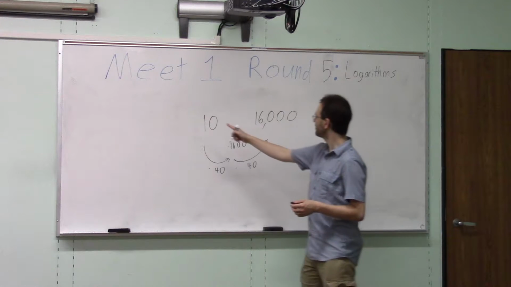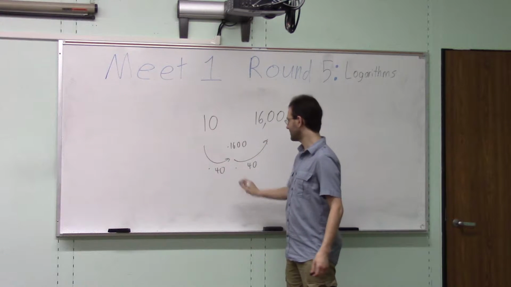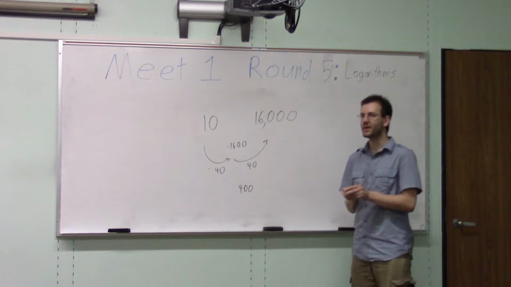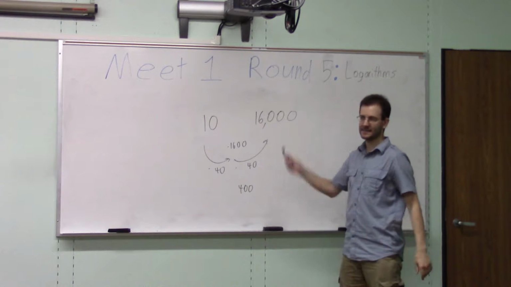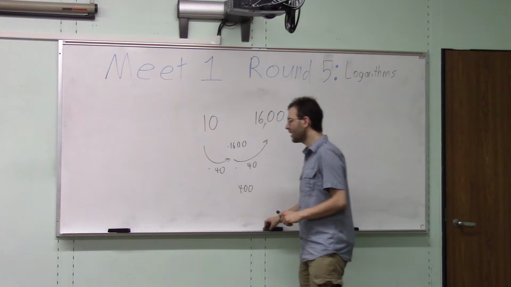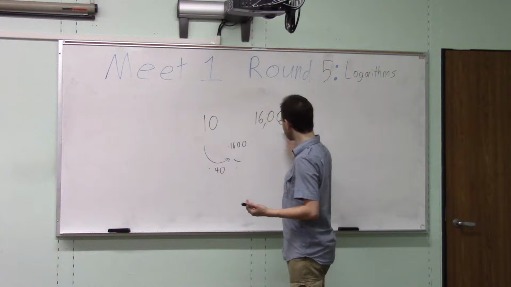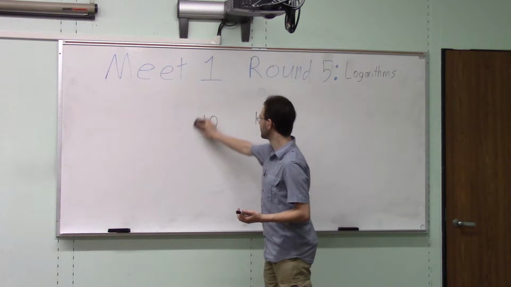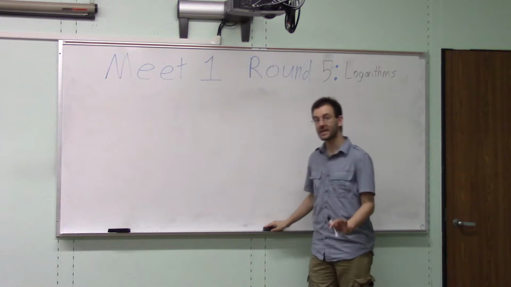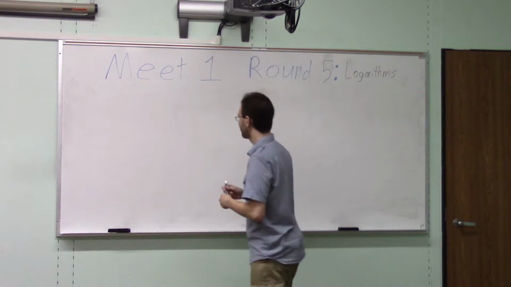So halfway to 16,000 would be 10 times 40, 400. 400 is sometimes called the geometric mean of 10 and 1600. It's halfway there multiplying. And thinking of everything multiplicatively is what logarithms are doing. They basically follow the opposite of the rules of exponents, but we'll get to that in a bit.